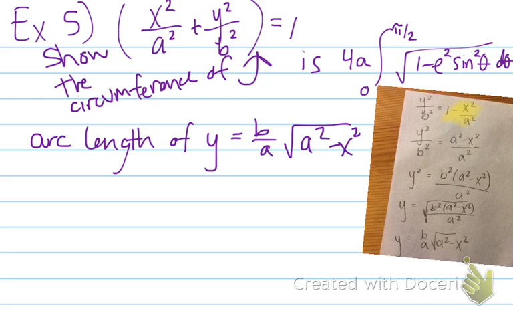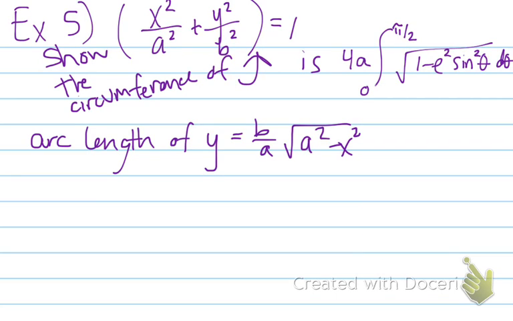If you make 1 into a squared over a squared, you can combine those so you get a squared minus x squared over a squared. Then you multiply the b squared over to the other side. Then you take the square root of both sides to get rid of that squared on y. And then the b squared over a squared comes out as b over a. So that's how they got the equation that they're looking at here. Just a little FYI.